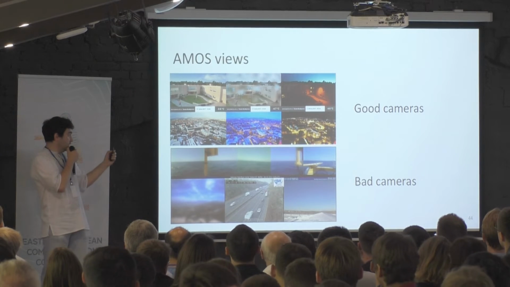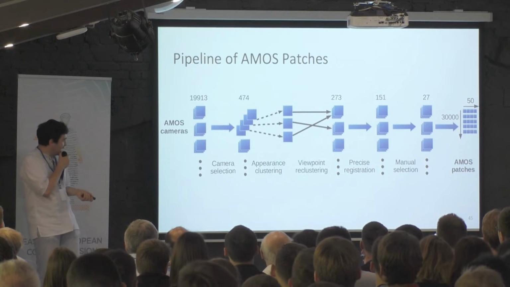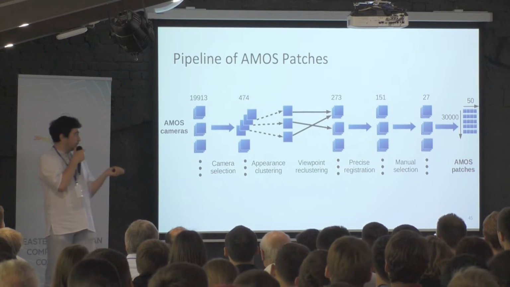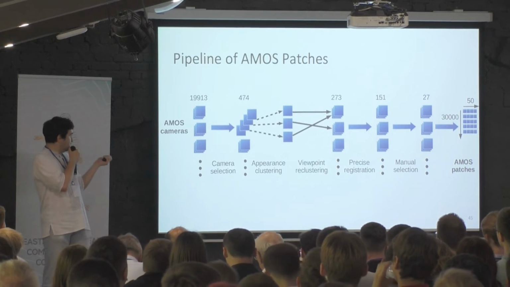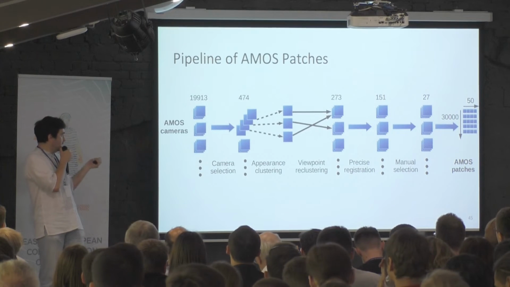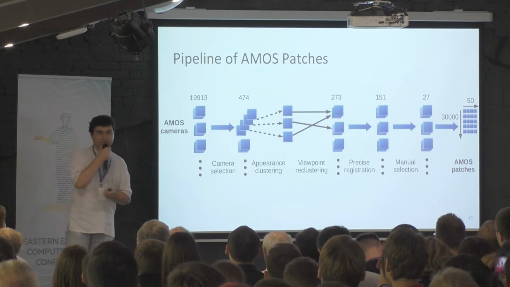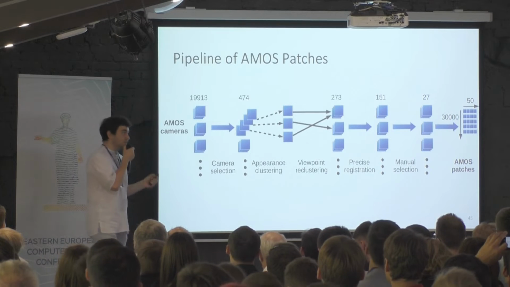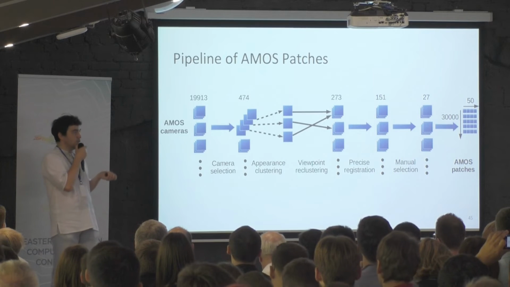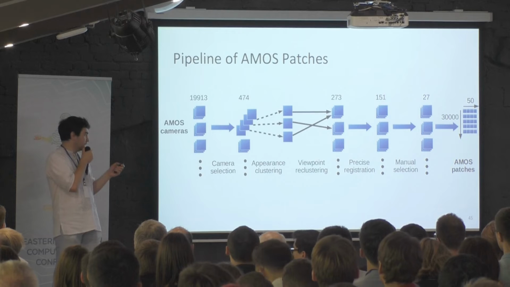So we need to filter. And here is a complex process, and sadly from almost 20K we go to 50 cameras. But this was important to get a meaningful result.